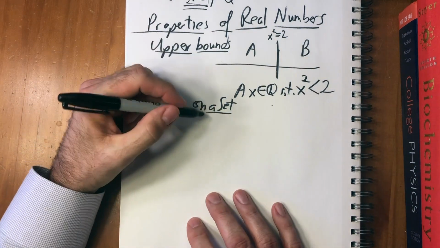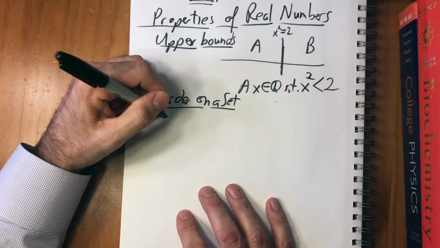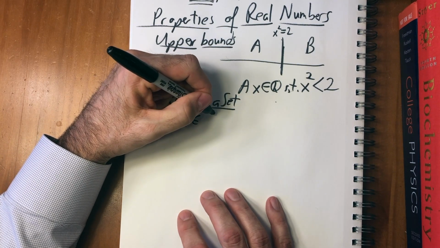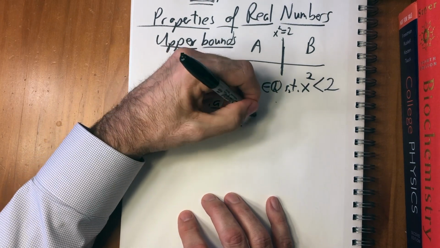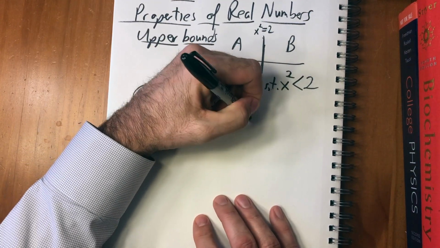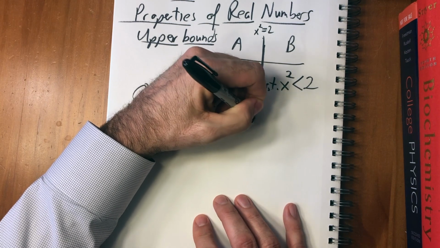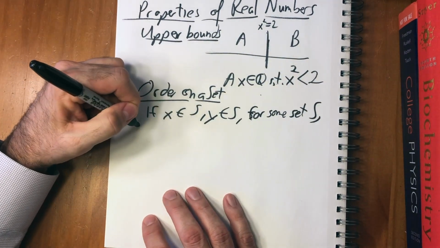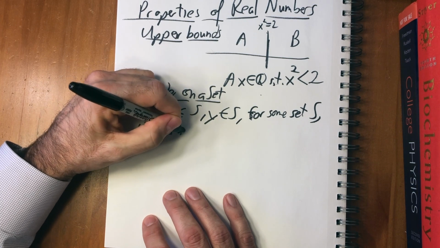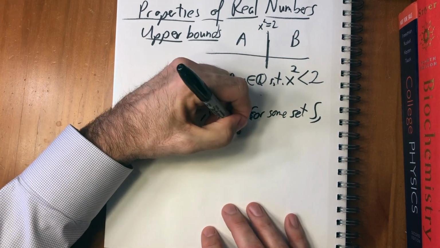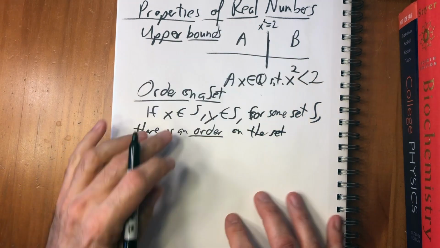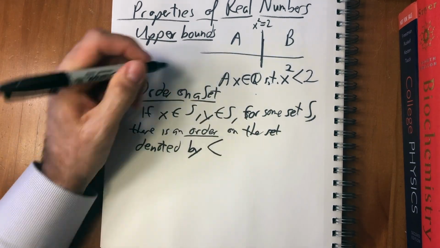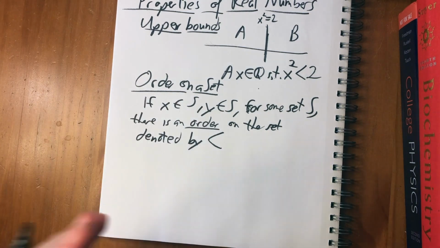So the first thing: one of the things that's abstracted is what an order is. The definition is just that if you have x an element of S, y an element of S, for some set S, then there's an order on the set, denoted by the less than sign, such that only one of the following statements is true.